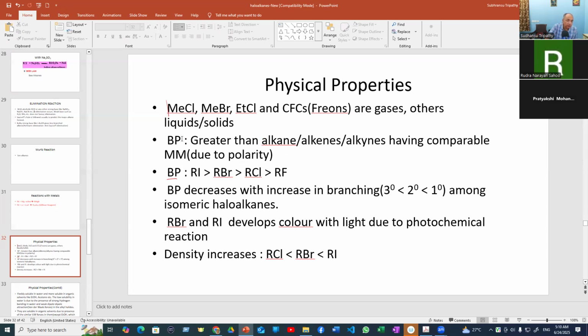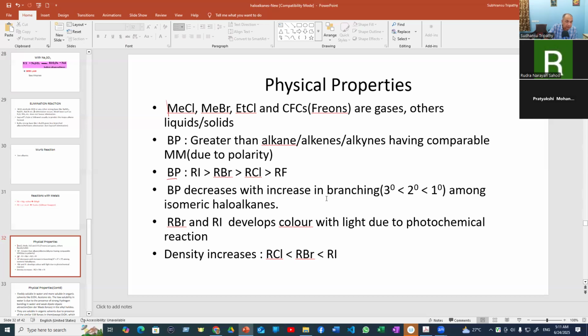Polarity is more because the carbon-halogen bond is polar. But among the halides, you have to look at the polarizability. More is the size, more is the van der Waals forces. So RI greater than RBr, RCl, RF.